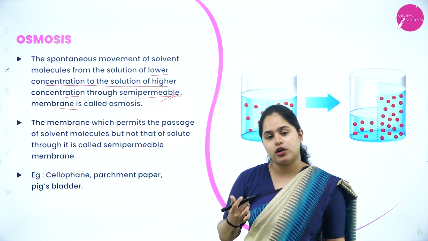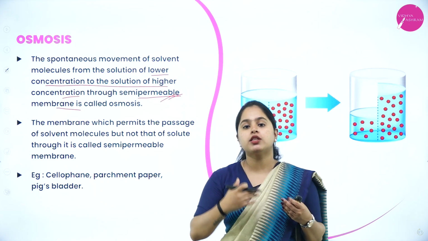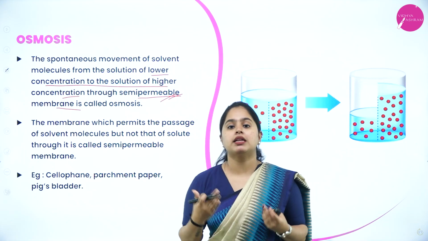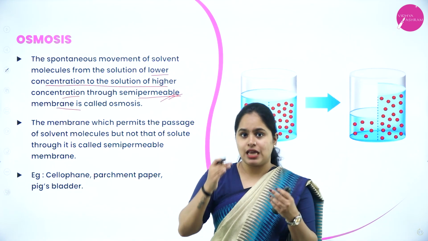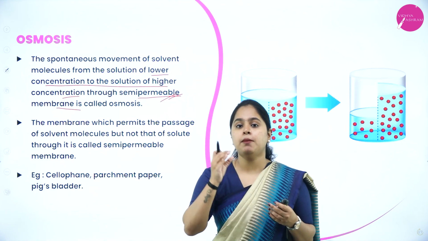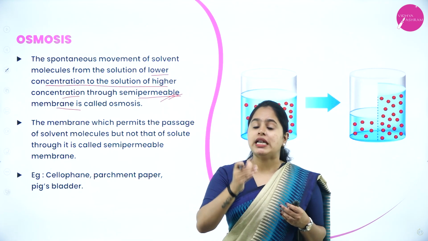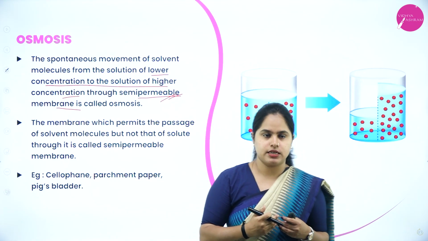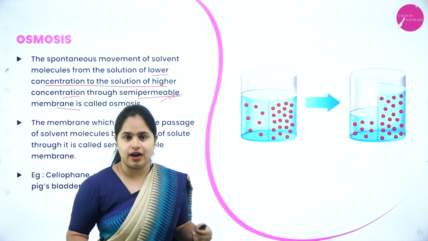This is important: osmosis happens only through a semi-permeable membrane. As the name suggests, the semi-permeable membrane only permits the flow of solvent particles.